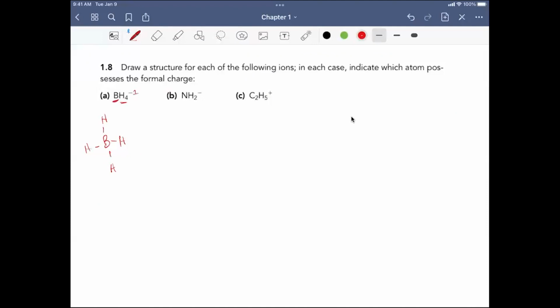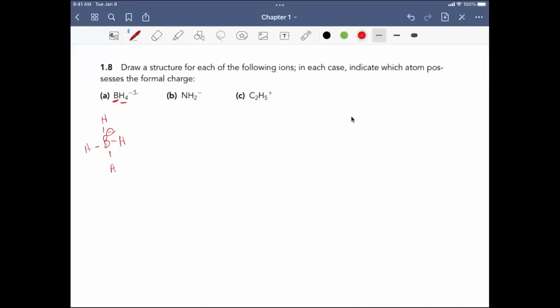We know that boron is in the group right to the left of carbon on the periodic table. So we know it only needs 3 bonds, but this one has 4, and that negative charge would show up on that boron. Our hydrogens are all good. They all have 1 bond attached to them, so their octets are filled, but that boron is exceeding its octet, right?